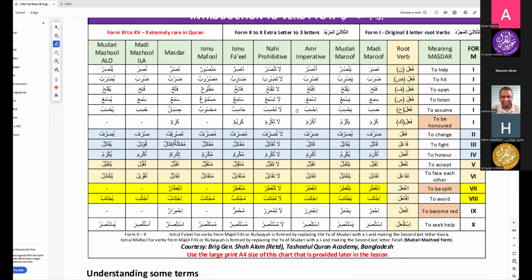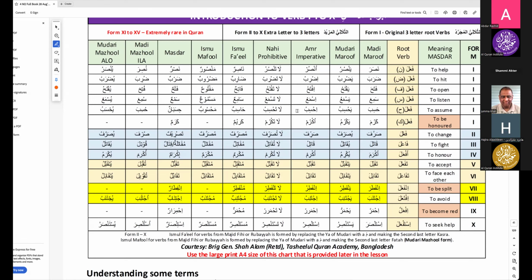He became honored. They're talking about the highest honor. It's only Allah, karuma. This is not used for any other context. The meaning is kind of passive. Although the word is not passive, the meaning is passive. He became honored.